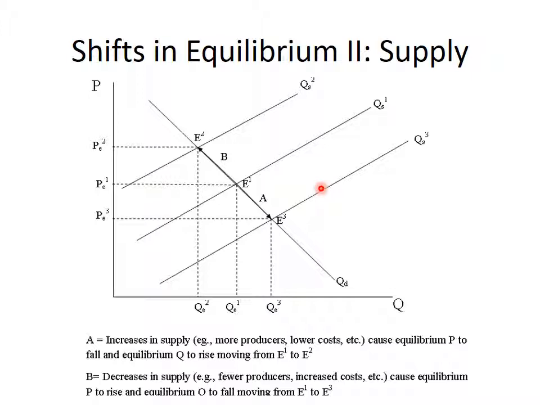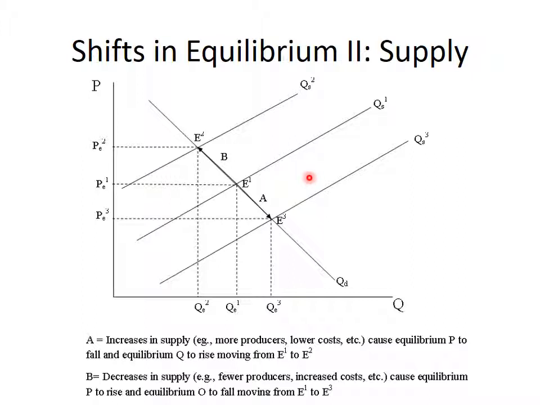This shouldn't surprise us. Supply and demand are diametrically opposed to each other. Whatever is true of one, the opposite will be true of the other. And so when we shift demand, if price and quantity of equilibrium go in the same direction, when we shift supply, we would expect price and quantity of equilibrium to go in opposite directions. By way of review, let's go through this very quickly.